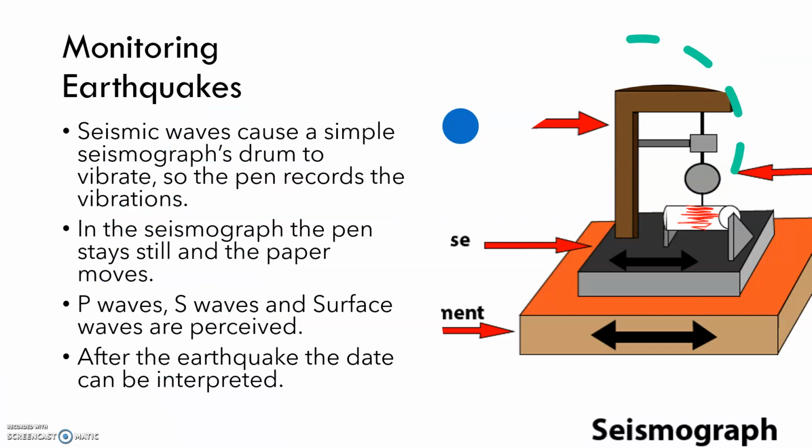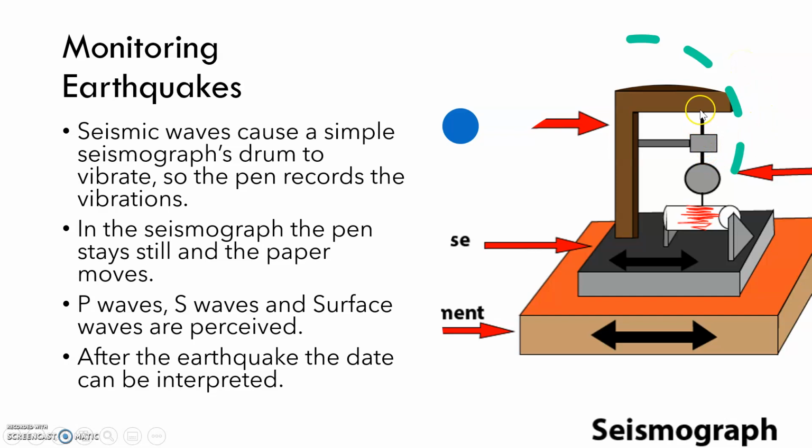All right, so now let's go over monitoring earthquakes. How are geologists going to monitor and study earthquakes? It says seismic waves cause a simple seismograph drum to vibrate, and the pen records the vibrations. All right, and what you can see right over here is a seismograph.